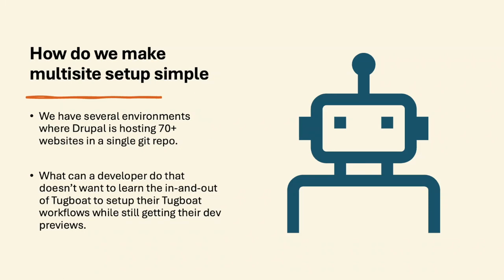One of the problems that we have at UCSF is, Tugboat's a cool product. People are using it. How do we make it better? One of the things that we're doing at UCSF is we have a lot of multi-site repos. Acquia is one of our main hosting providers, so we have docroots that have 70 plus folders in them. You may have a developer who's working on 2 or 3 projects at a time, another developer who's also working on 2 or 3 projects at a time.